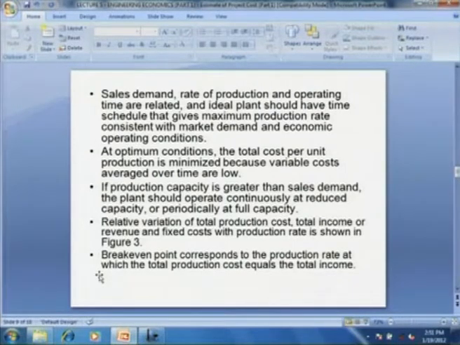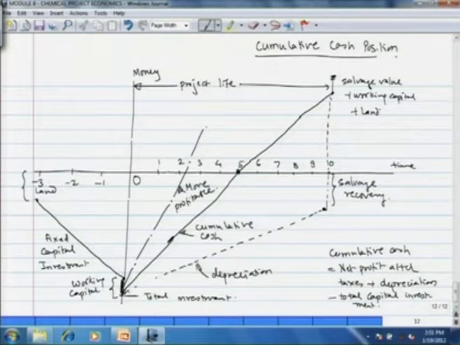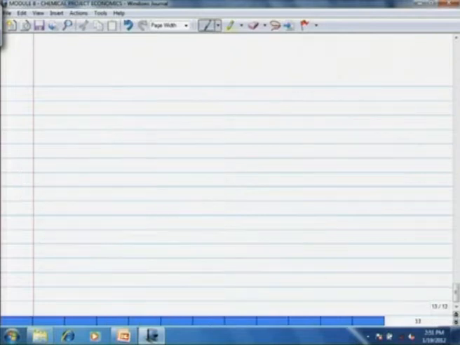The ideal plant should operate under a time schedule that gives maximum production rate consistent with market demand, safety, maintainability and economic operating condition. Let us see in the form of a diagram the effect of cost and profit based on the rate of production and the exact variation of the various costs. We shall see another diagram, what is known as the break-even chart.